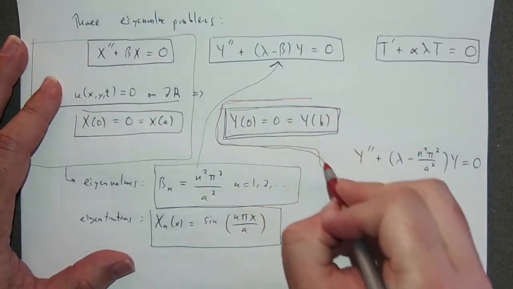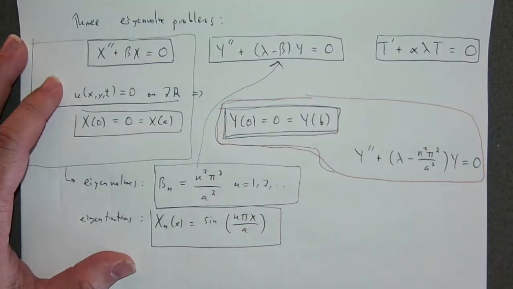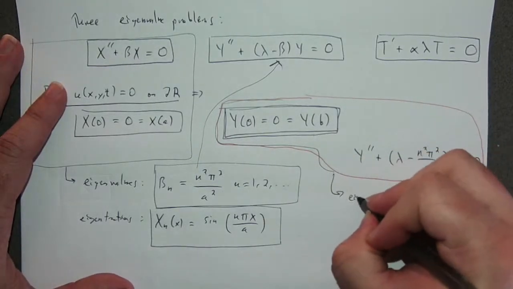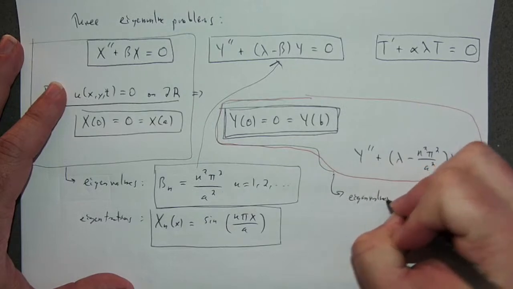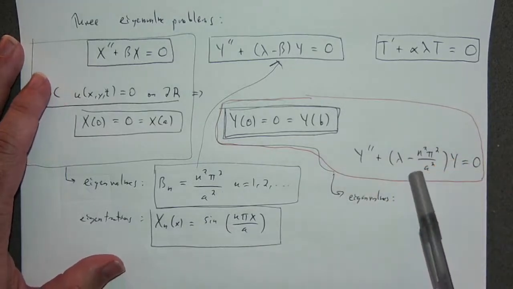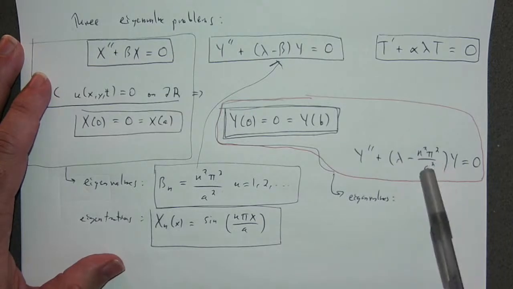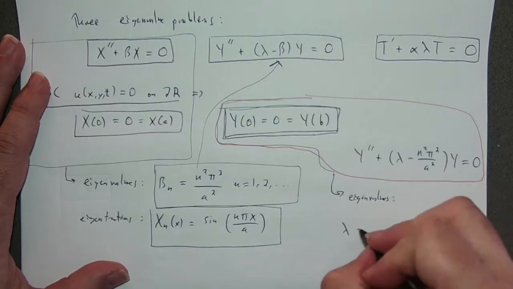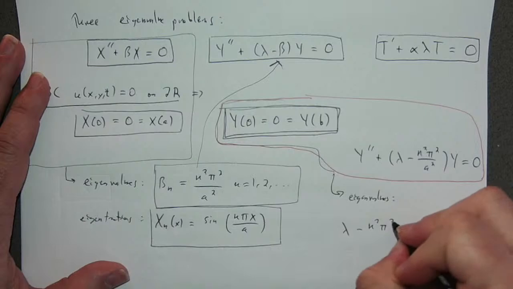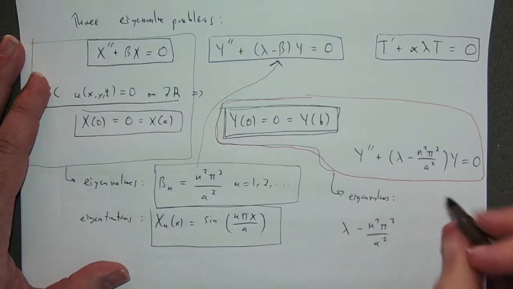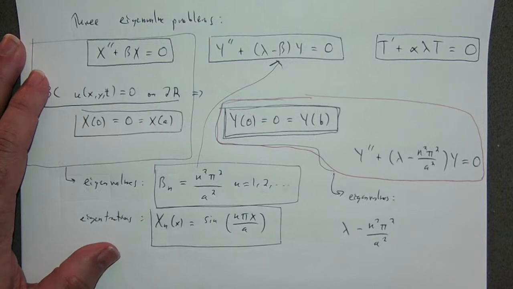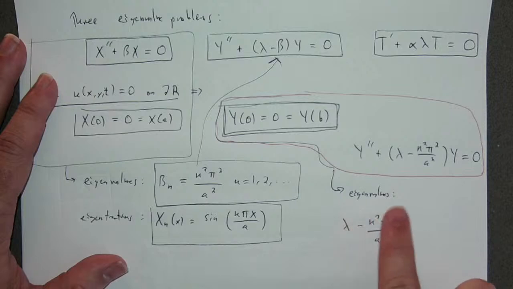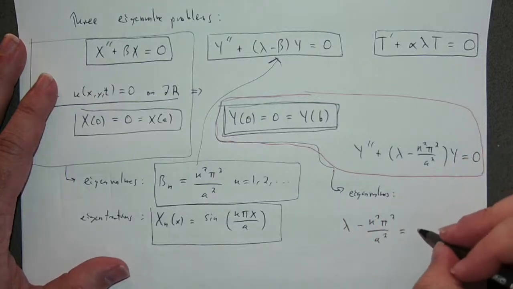Okay, so here, what do I get? I get eigenvalues that are what? Lambda minus n squared pi squared over a squared is going to be indexed by an m here. So this is going to be equal to, because normally this wouldn't be here, right? I'd say lambda is equal to m squared pi squared over b squared.